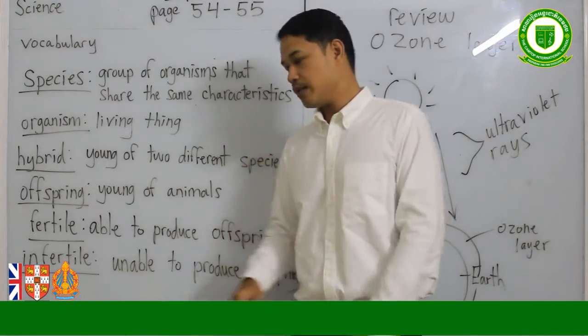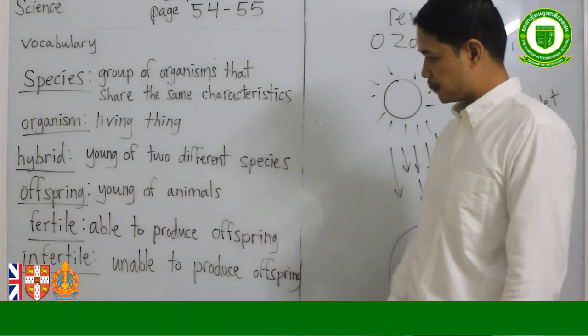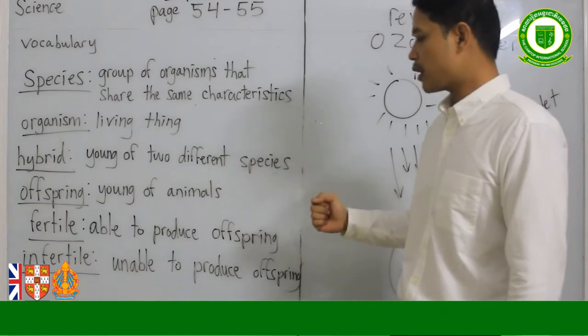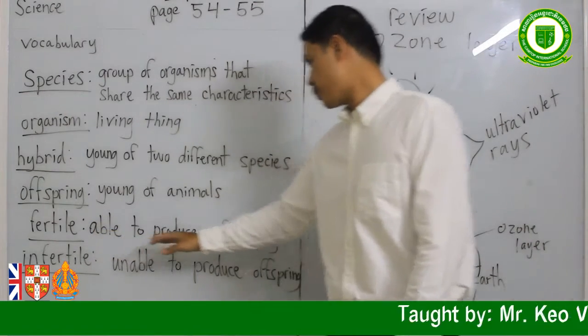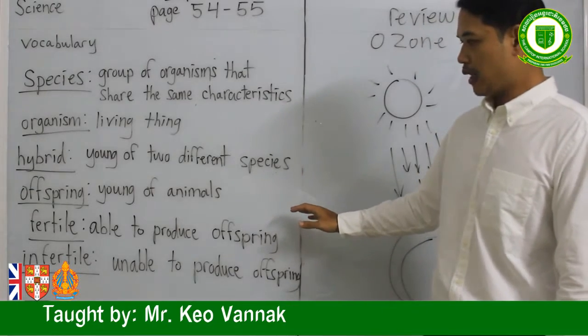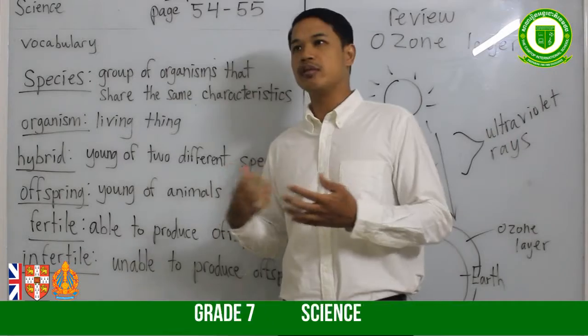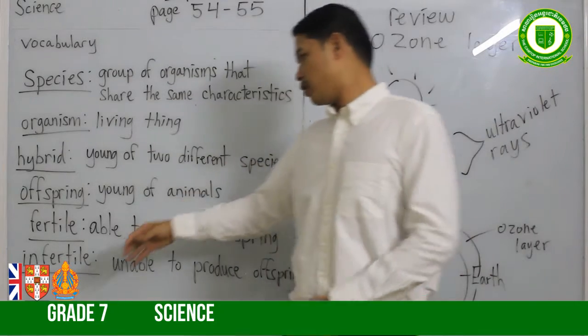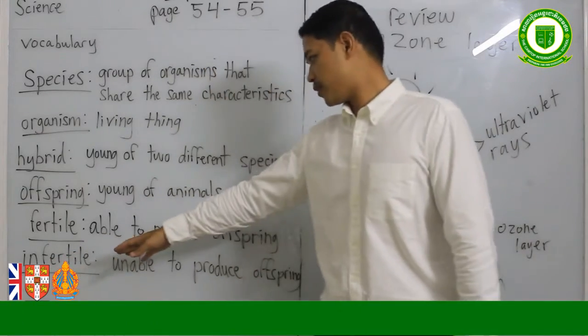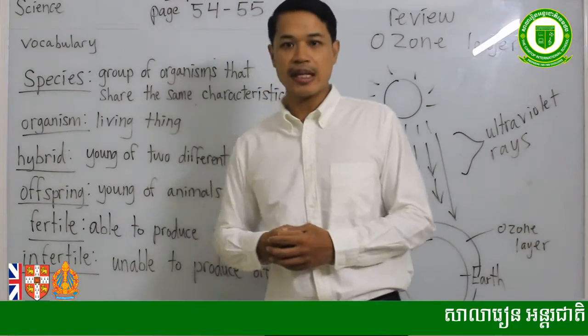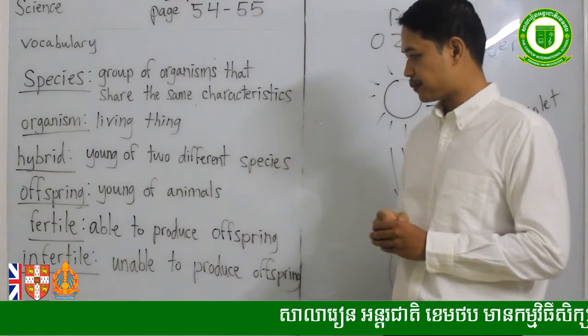If you can repeat it. Fertile is able to produce offspring. When an animal is able to produce offspring, we call it fertile. Infertile, infertile, infertile. If you can say it.